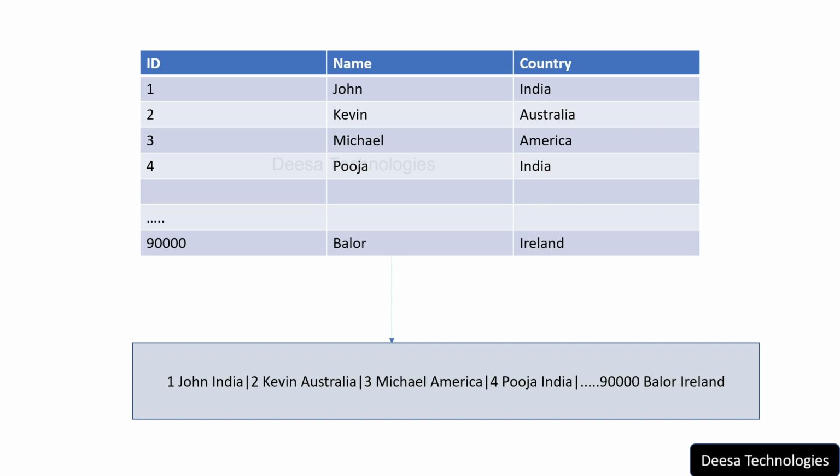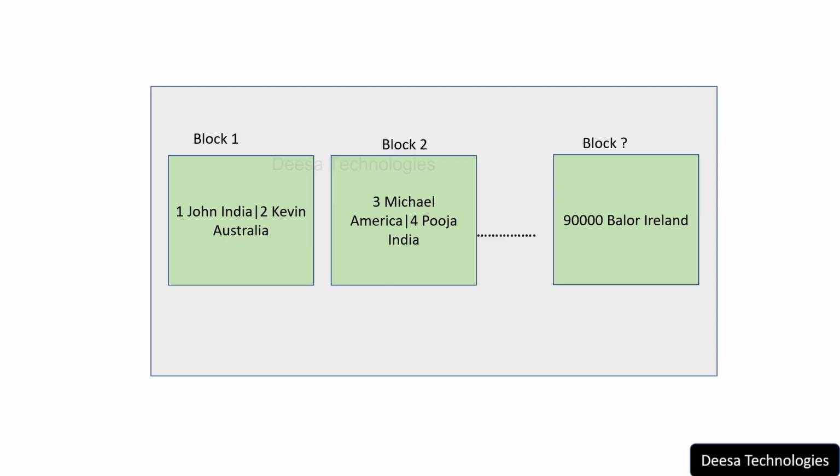Now if you translate this into the blocks, how it is getting stored in the blocks: the first record may go into block 1, the second record may also go into block 1. In block 2 you have the third record and fourth record, and then block n, depending upon the size, will have the final set of data.